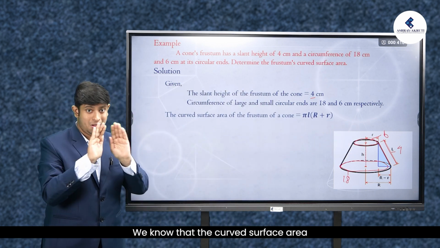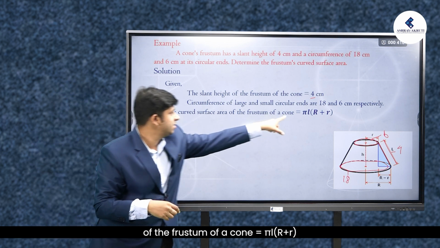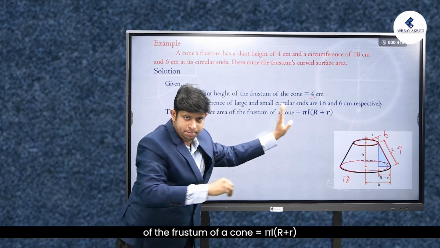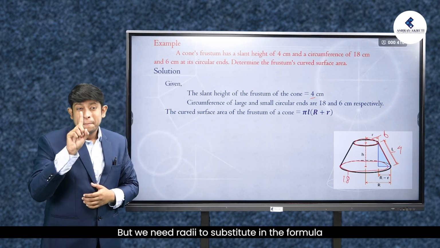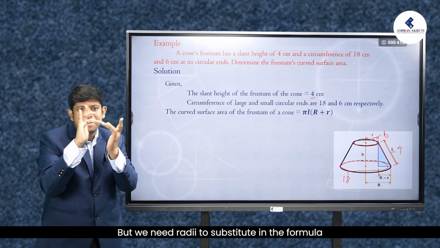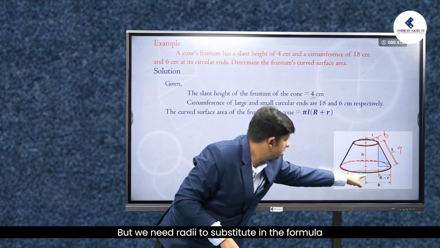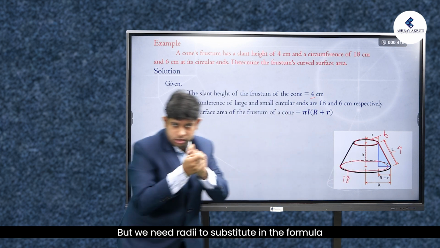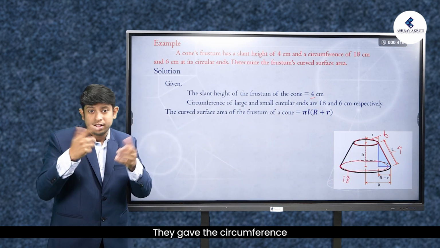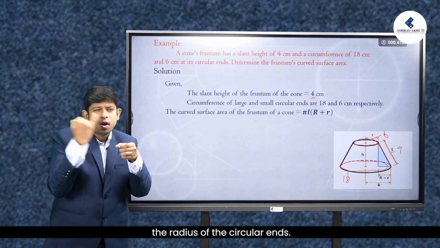We know that the curved surface area of the frustum of a cone is equal to pi L into (R plus r). But we need radii to substitute in the formula. They gave the circumference of the circular ends. From that, we can find the radius of the circular ends.